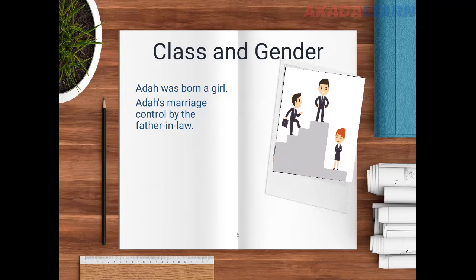So there is also class in the story, because we can see that there is the upper class and the lower class. You have people that can afford certain things and people that cannot afford the basic amenities. You can see that the family of the Obi went through a lot. Ada went through a lot when she was younger.